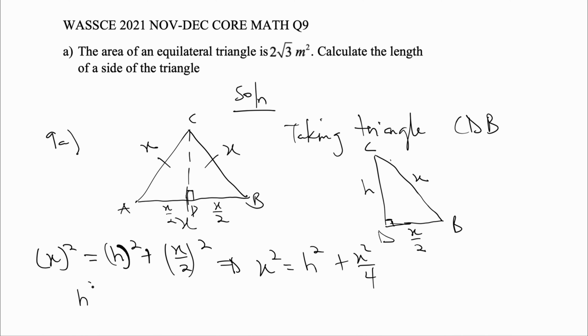So h squared will be equal to x squared minus x squared over 4. So h squared will be equal to 3 over 4 x squared.